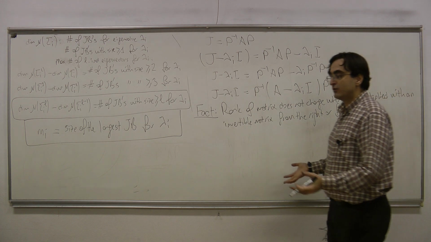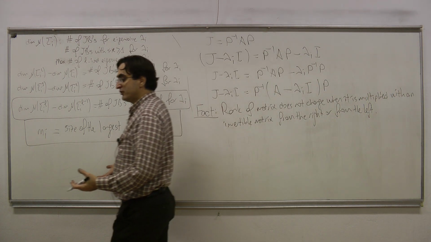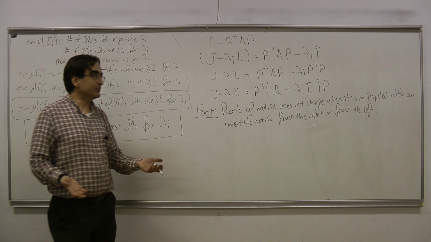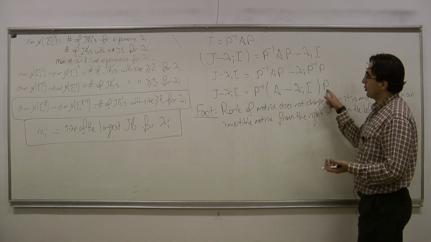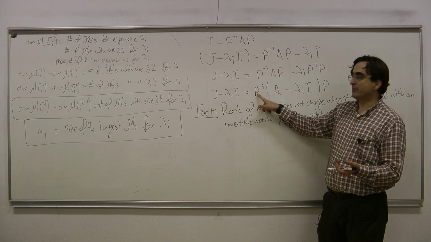So the rank of a matrix does not change at all when we multiply that matrix from the right with an invertible matrix or from the left with an invertible matrix.